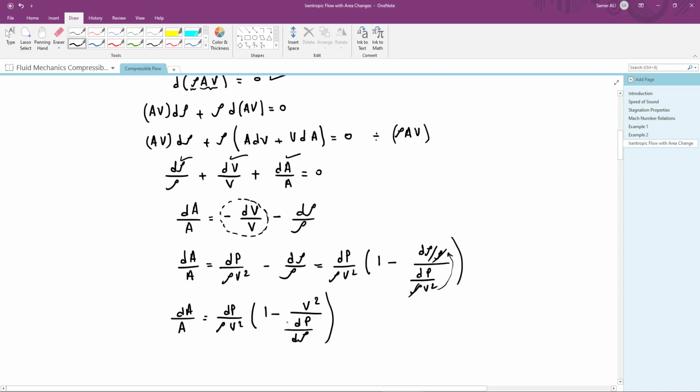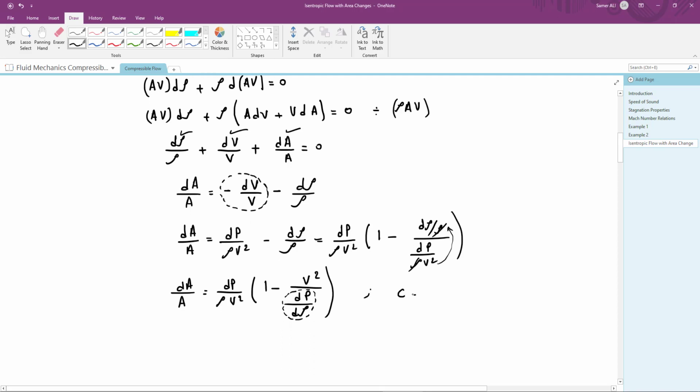Now if you remember, if you look carefully in the lecture when we talked about the speed of sound, we have said that the speed of sound c is equal to the square root of dP over d rho. So this term here, dP over d rho, is simply the speed of sound squared. So we will have now V square divided by c square, which is, if you remember, V over c is the Mach number.